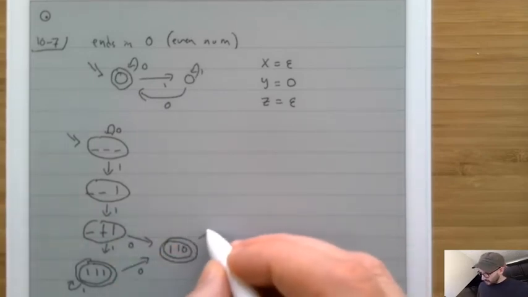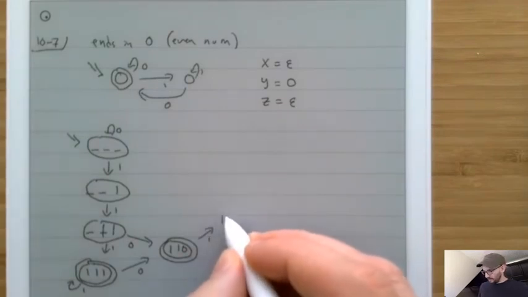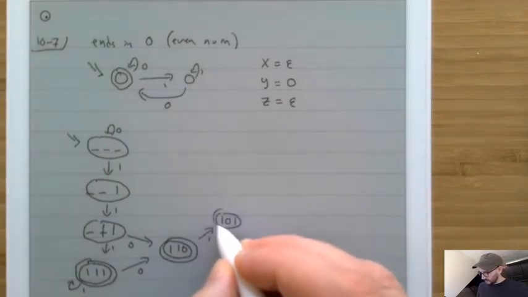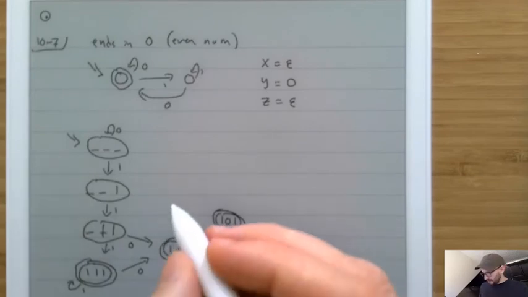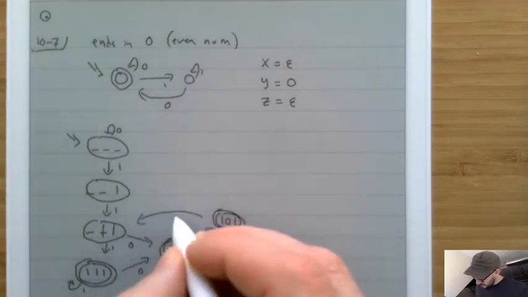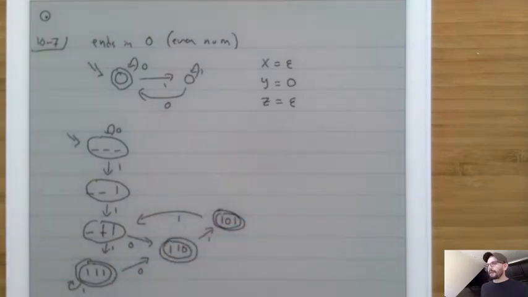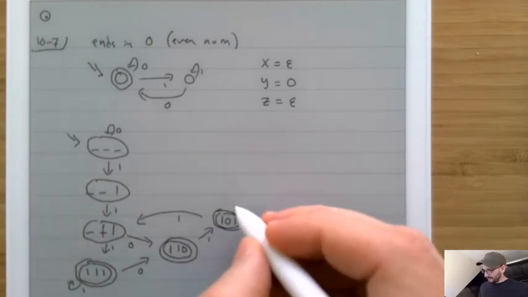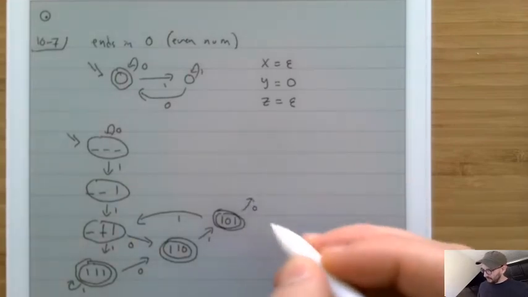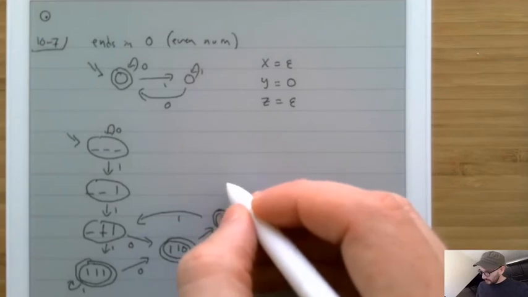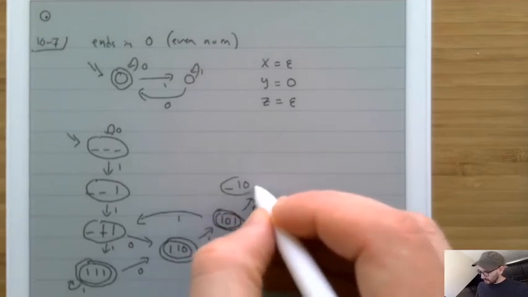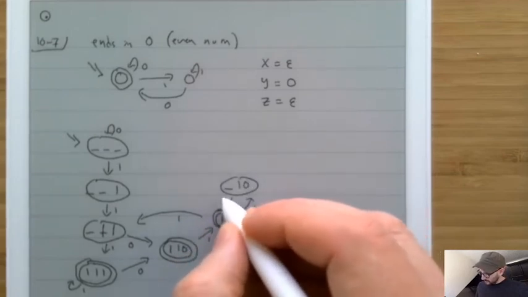If there was a 1, we went up to 1, 0, 1, 1. And if there was a 1, we went there. And if there was a 0, we went to 1, 0. And if there was a 1, we went back.